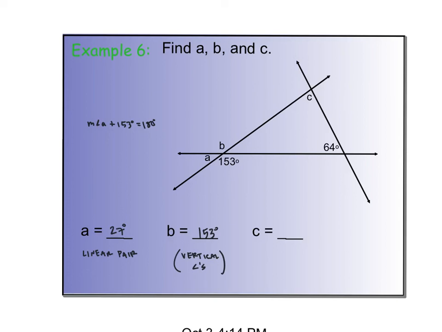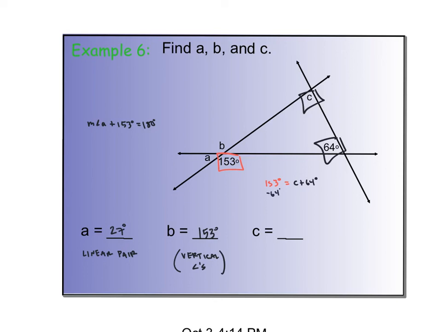Now to find C, I could either go the long way like we've done on the previous examples, or I could use this idea of the exterior angle sum conjecture. So 153 should be equal to the sum of the two remote interior angles, the interior angles away from it. So that would be C plus 64. And when I subtract, oh boy, I have to subtract numbers.